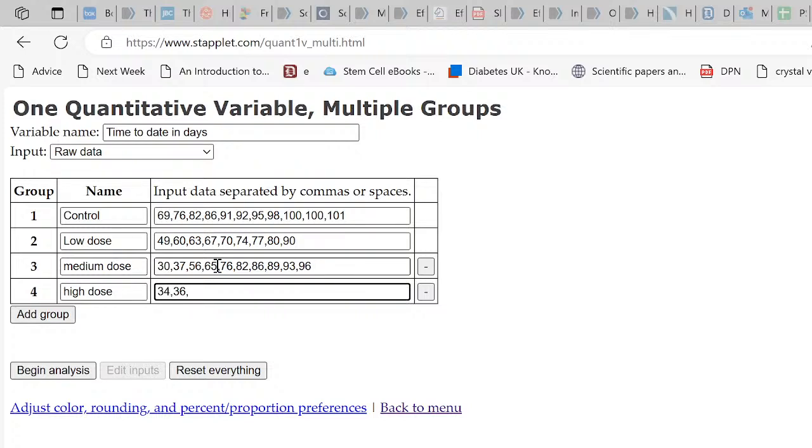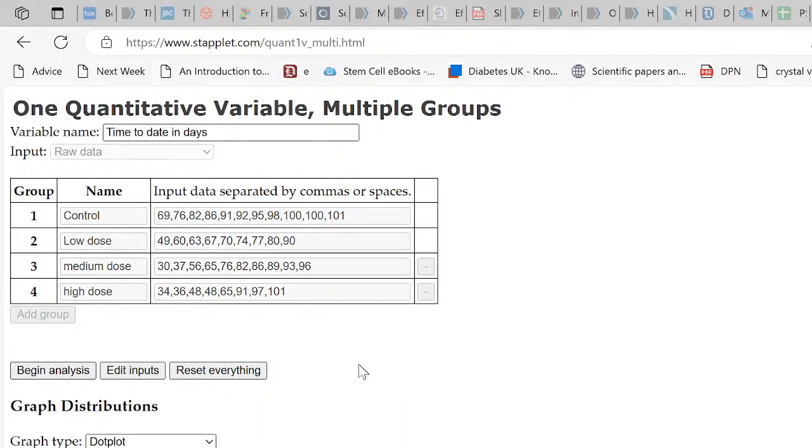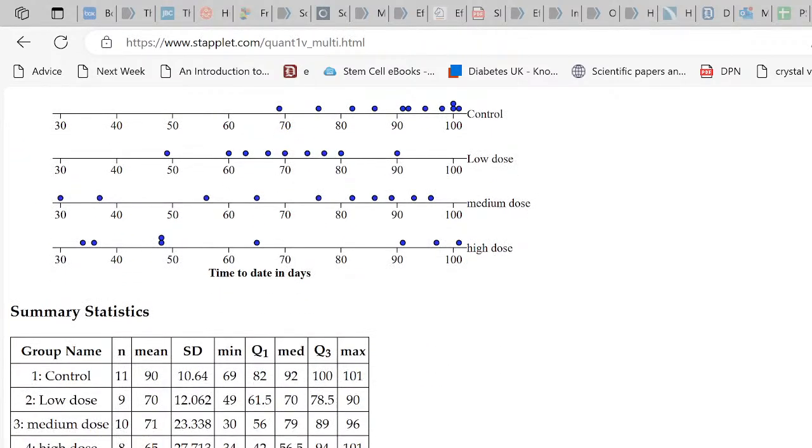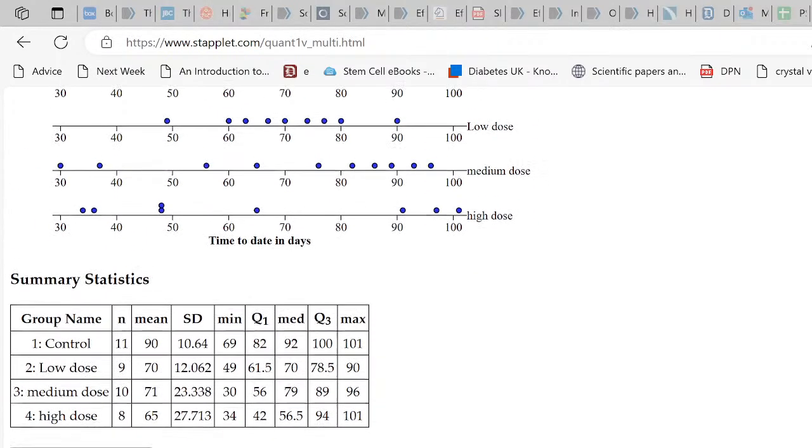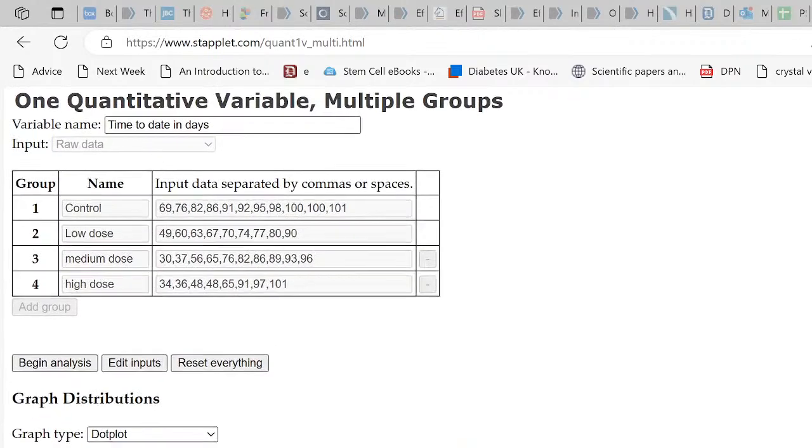All right. Perform inference. Right here. There is our analysis of variance table. I've seen some books do this. Not a big deal. But this one lists the degrees of freedom first and then sum of squares.